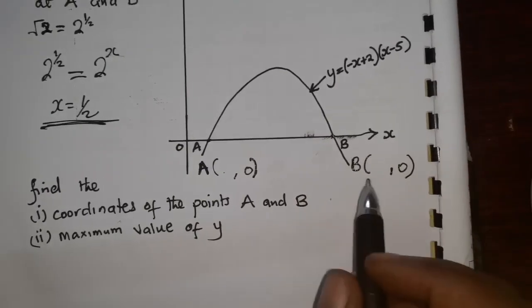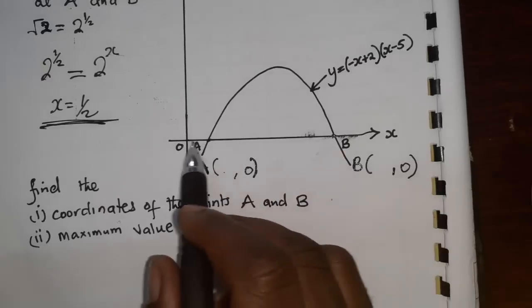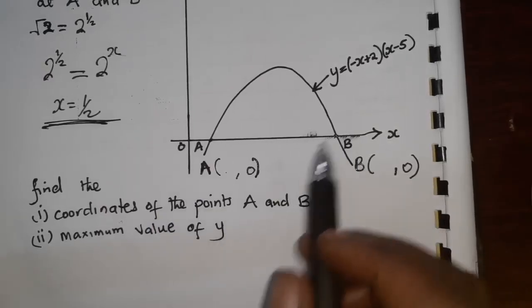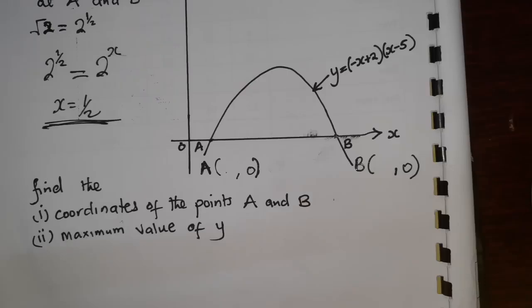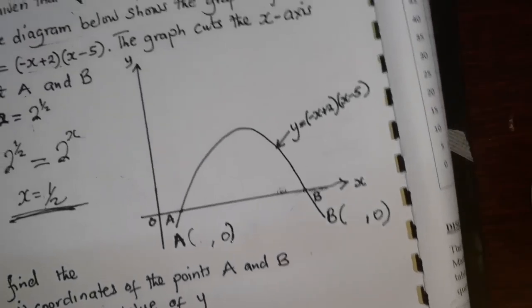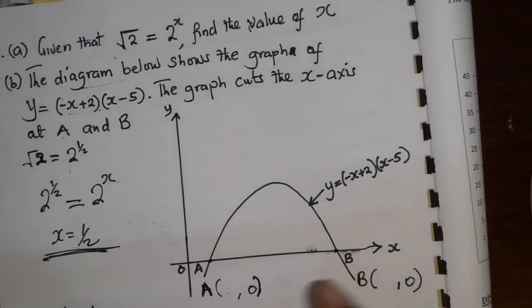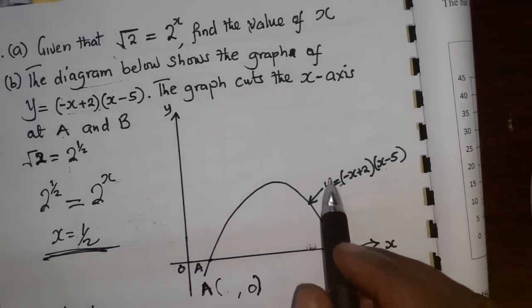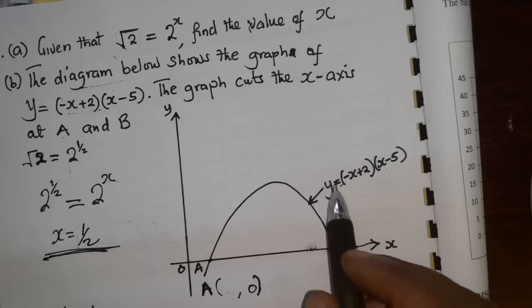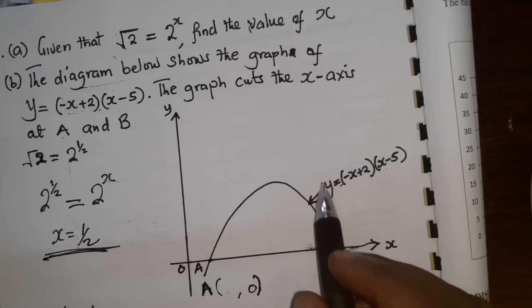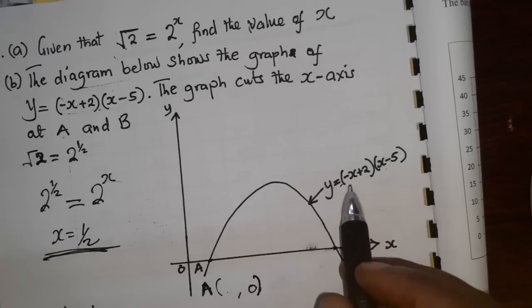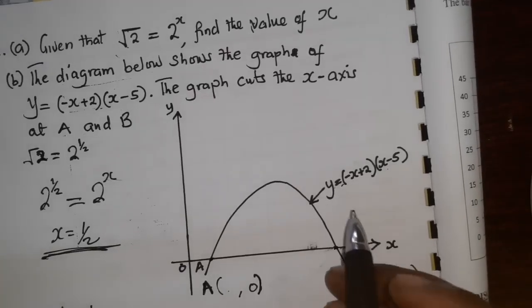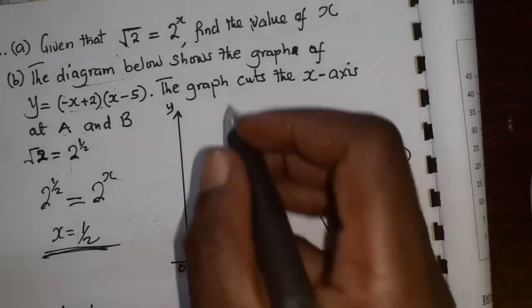The y coordinate we already know because they are on the x-axis. y is 0 here. So what we'll be doing is, on this equation, where there's y, we're going to put a 0 and ask ourselves, what are the values of x when y is equal to 0?